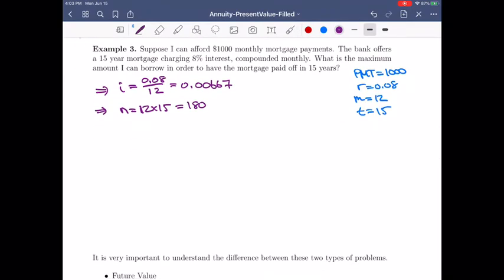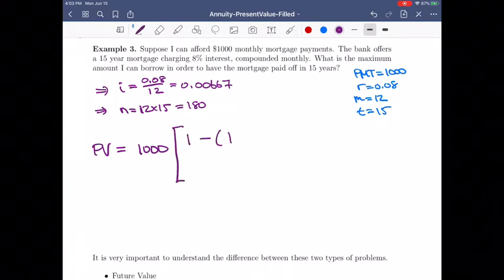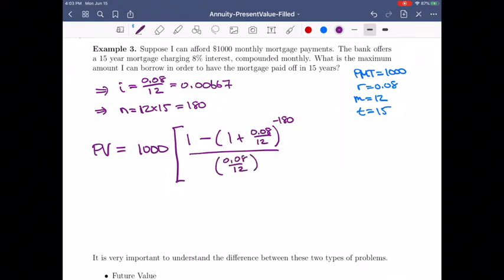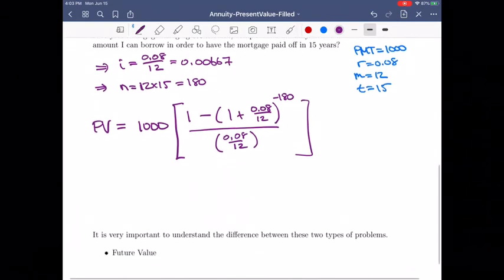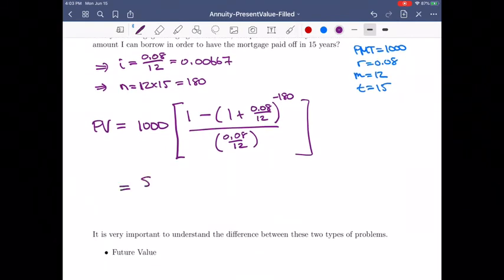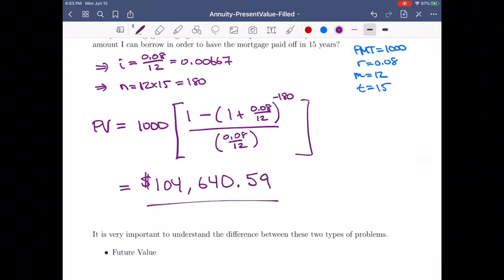So then my PV, and I'm not going to round, so I'm going to write it as R over M. It's going to be 1,000 times 1 minus 1 plus 0.08 over 12 to the power -180, divided by 0.08 over 12. Now if you compute that, you should get $104,640.59. So this is the maximum we can borrow.